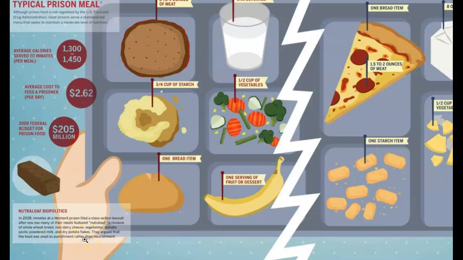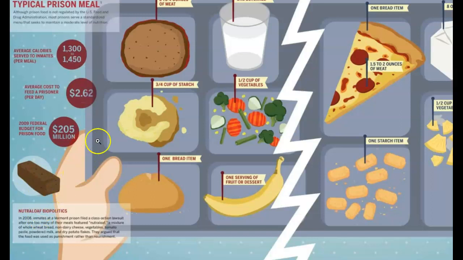They argued that the food was used as punishment rather than nourishment. It kind of sounds like punishment, doesn't it? That sounds yucky. But anyway, I think they actually won that lawsuit, though.